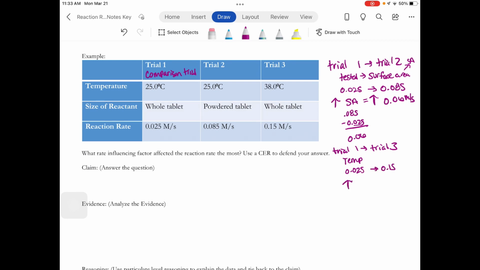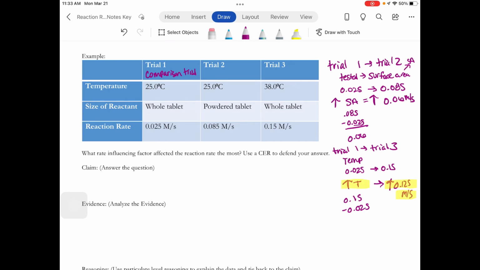So when we increased the temp, what happened? Let's subtract 0.15 minus 0.025. When you subtract that, it increased the reaction rate by 0.125 molar per second. So which one affected the reaction rate the most? This one did.